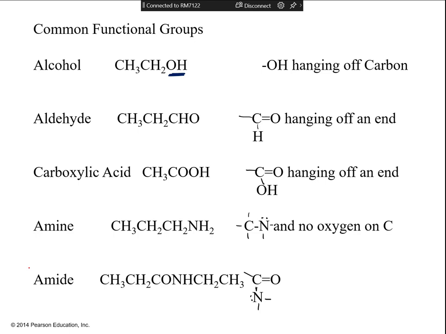So the alcohol. Alcohols, you can recognize if there's an OH attached to a carbon that has nothing but carbons and hydrogens attached to it. So in this, the carbon has no nitrogens or oxygens, just the OH.